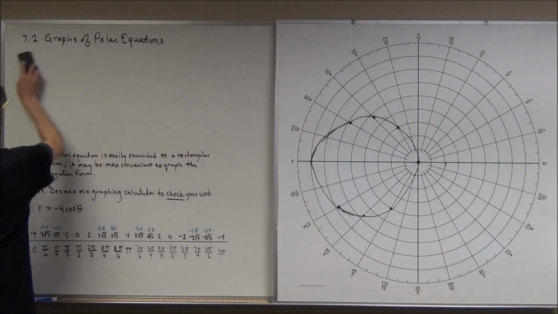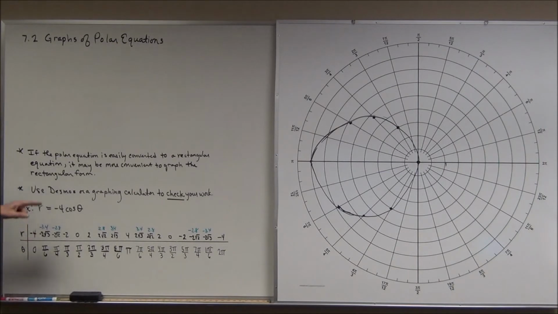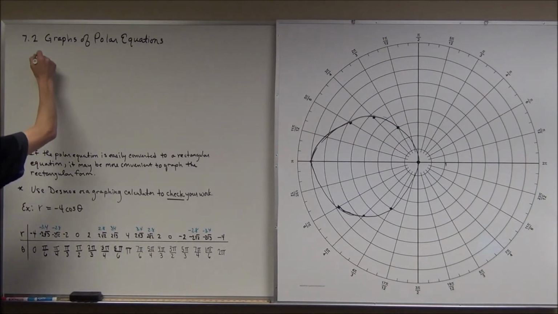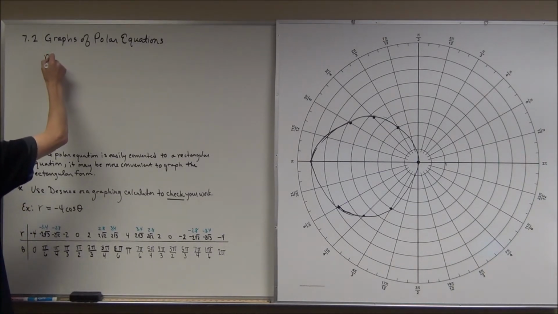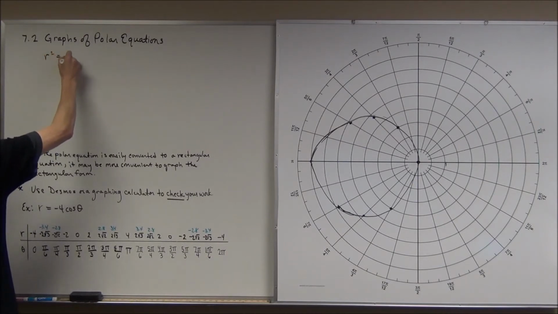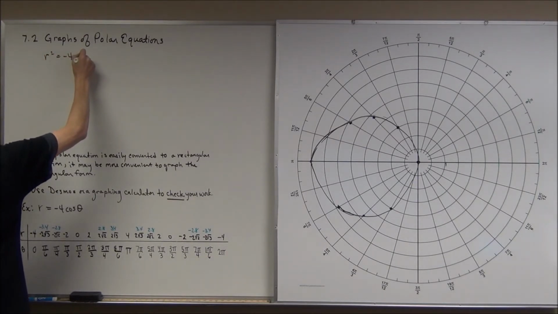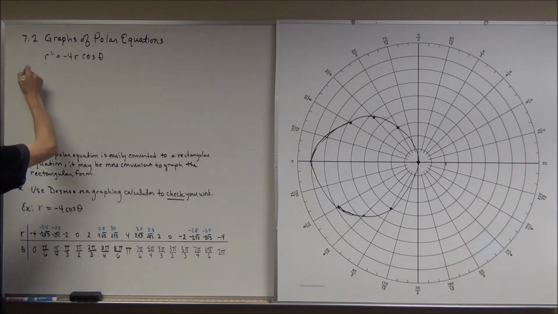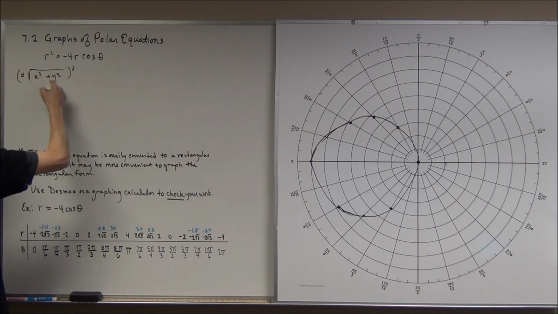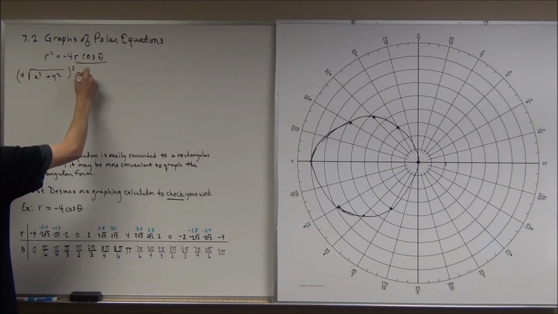Let's see what happens if we convert this into rectangular form. I'm going to multiply both sides by r. Let's see, cosine of theta. This is going to be the plus or minus the square root of x squared plus y squared, squared, because that's what r is, equals, and that's x, so that's negative 4x.